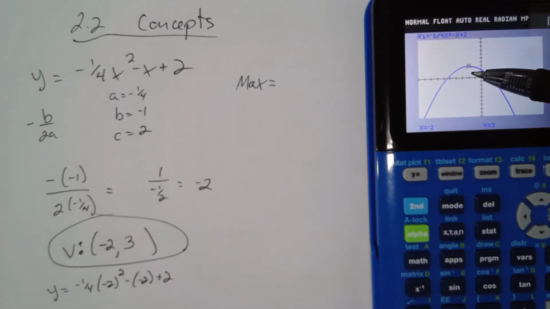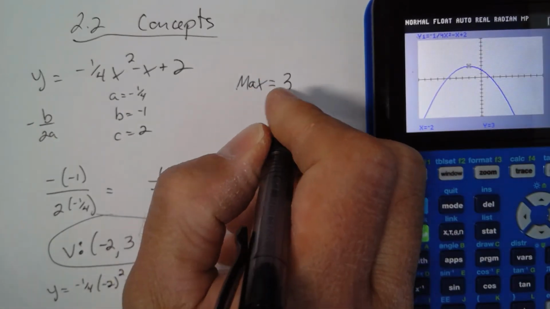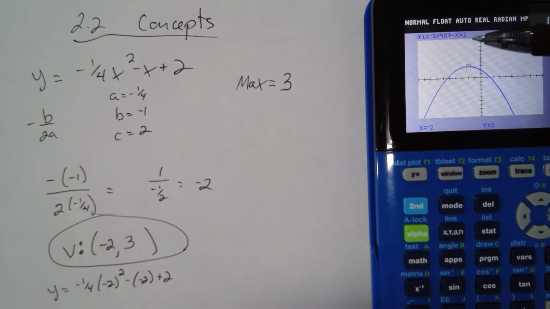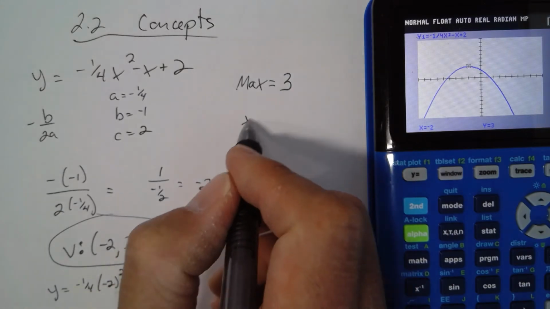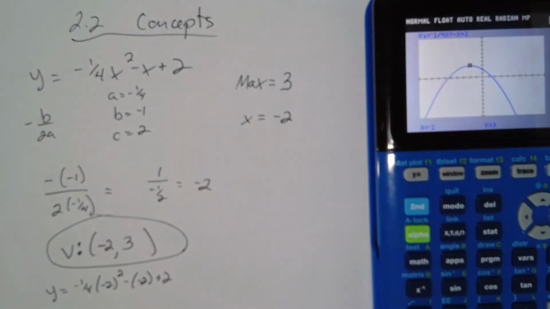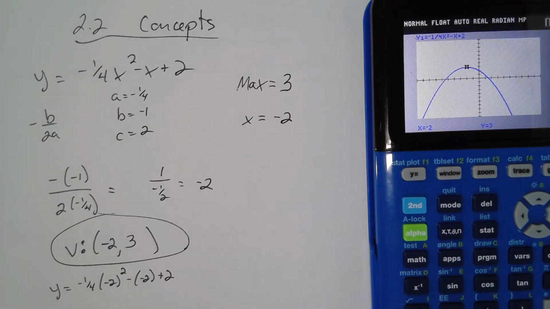So since it's negative 2, 3, our maximum is 3. It also has a line that chops it in half. It's a vertical line of symmetry, x equals the x value of the vertex, so it's going to be x equals negative 2. Okay, so that's some stuff.